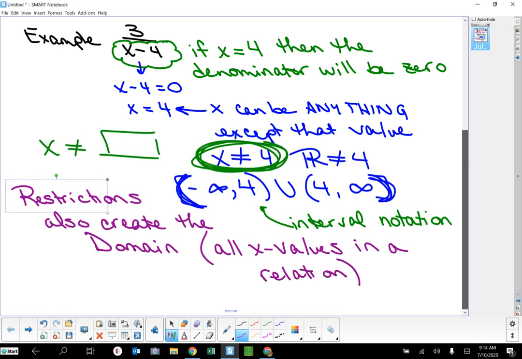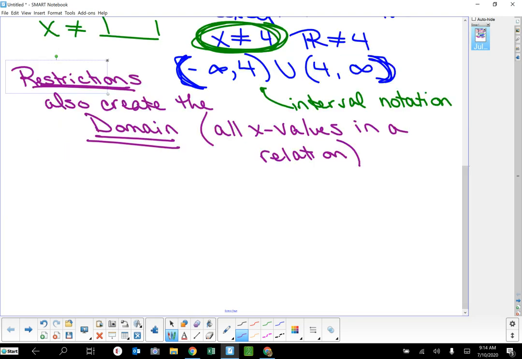Okay, so all x values that are going to actually work. So if you're asked for the domain, that means you're being asked for what values of x will work. The restrictions are what you need to make sure that you're allocating for so that the denominator does not equal 0. Okay?